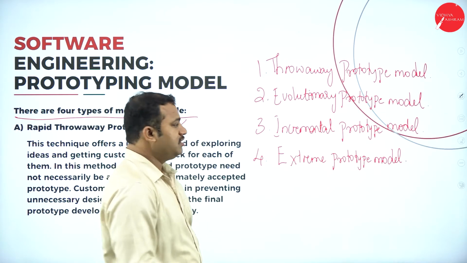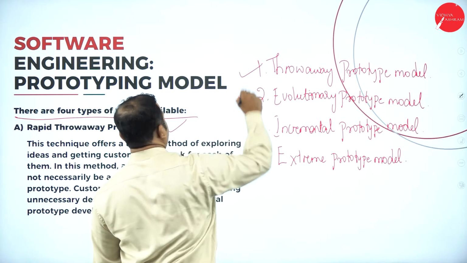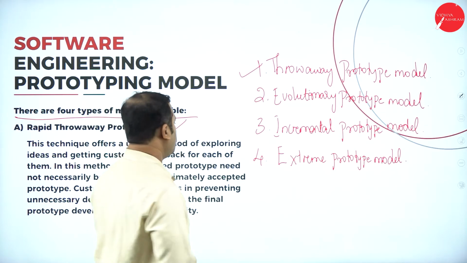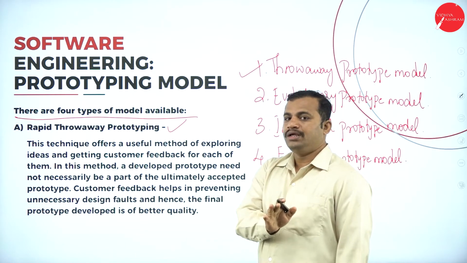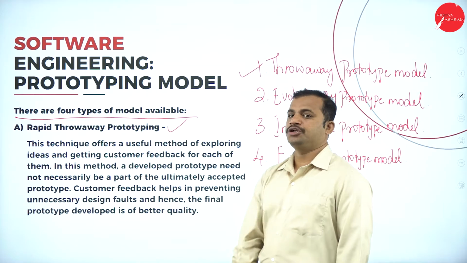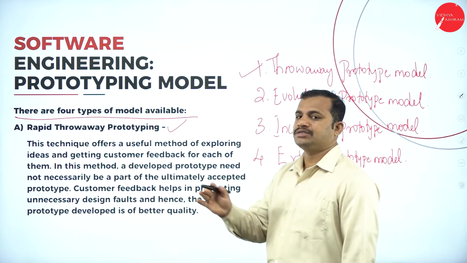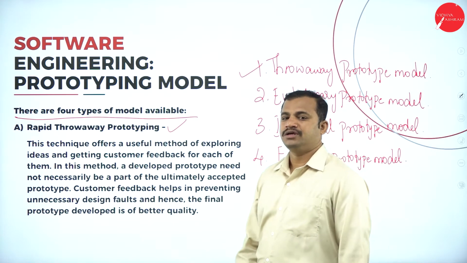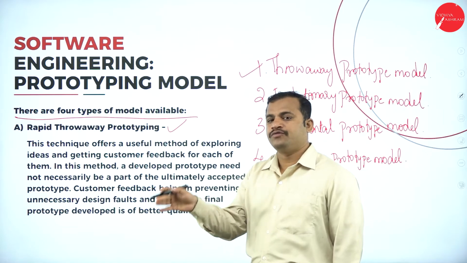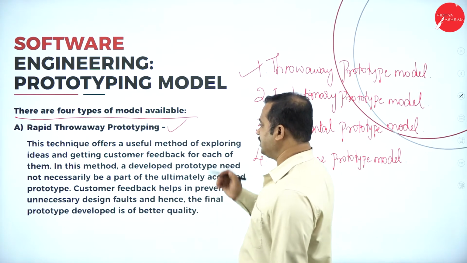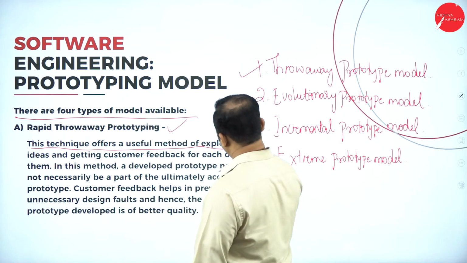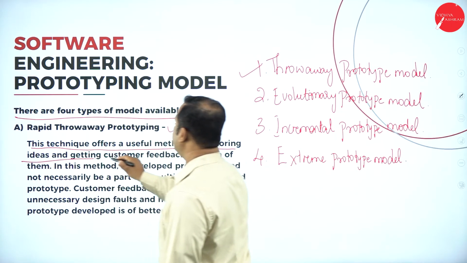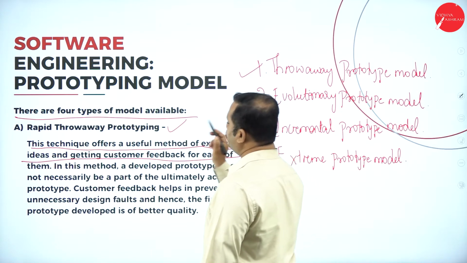So we have all these different types of prototyping model. The first one is the throwaway prototyping model. In this case, this technique is used only at the time of the first version of software development, and it is thrown away as soon as the prototype model and the actual working model is developed. This technique offers a useful method of exploring ideas and getting customers' feedback for each of them.